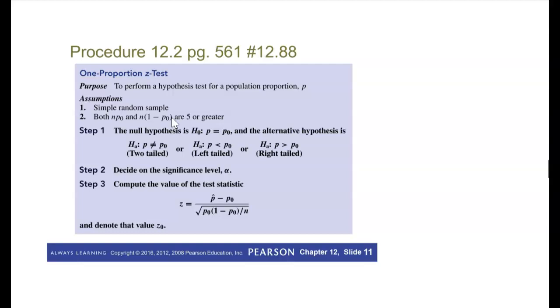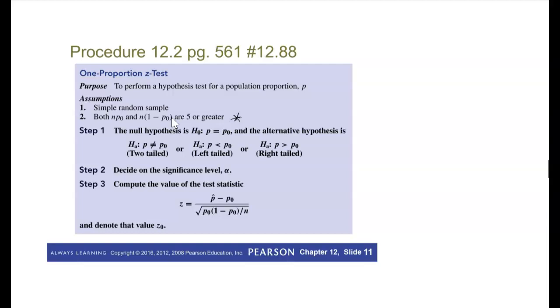And the other part is, and this one's a little tricky, but either n times your proportion or n times 1 minus your proportion has to be greater than 5.